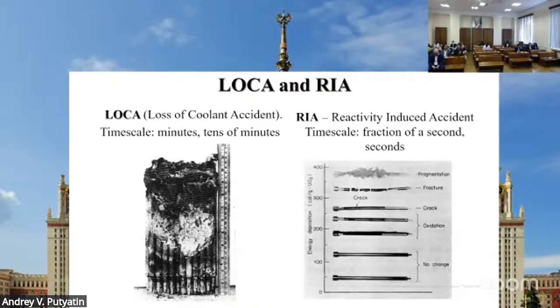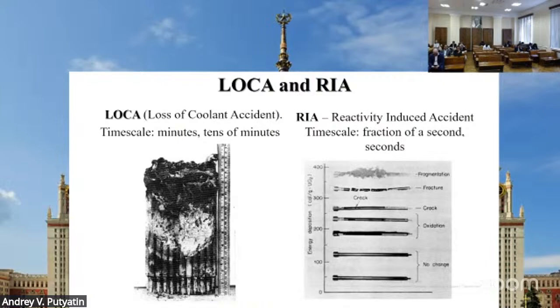There are two main types of reactor accidents: so-called LOCA, loss of coolant accidents, and RIA, reactivity-induced ones. LOCA are, let's say, much more common, and in many senses easier to reproduce. They happen on a time scale of minutes or tens of minutes. Here you see an experimental set of fuel bundles which were subjected to an experimental LOCA type accident.